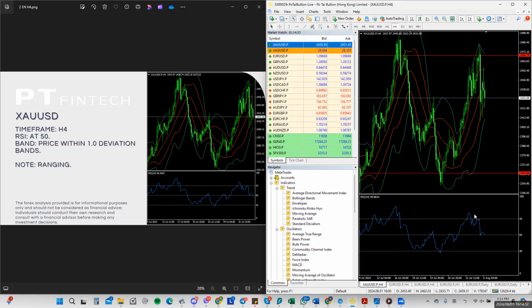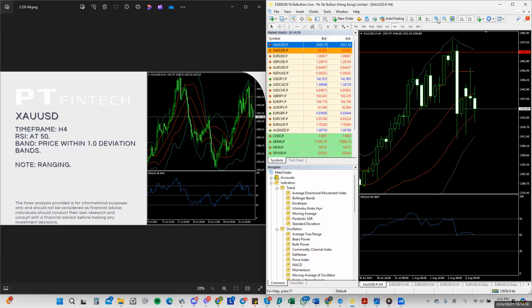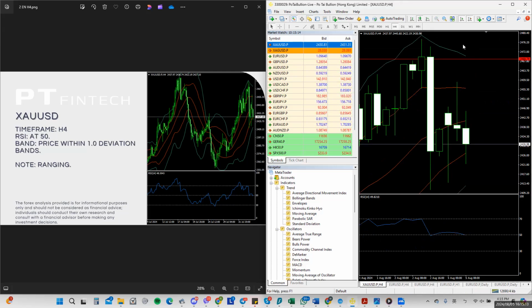The price is within the 1.0 deviation bands. Note is ranging. Obviously the highs dropped, but the funniest thing is that the lows may become higher. So based on H4, potentially many people will start seeing this as more bearish, but it is ranging.